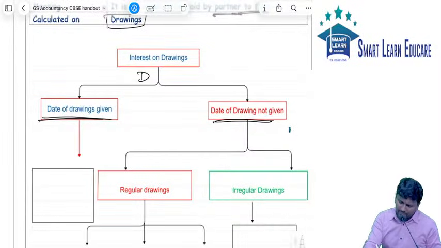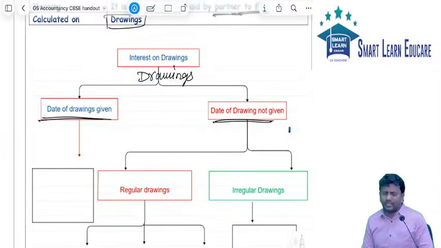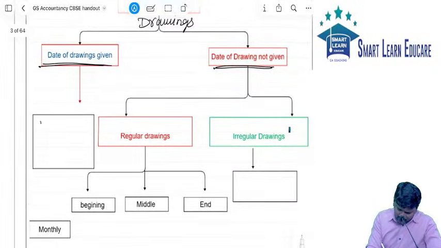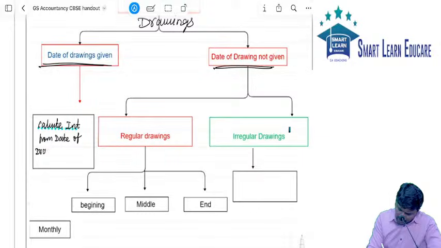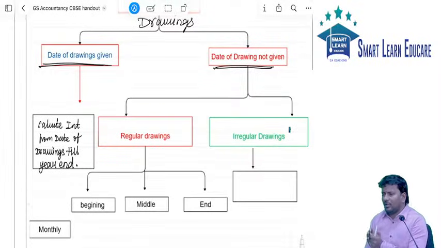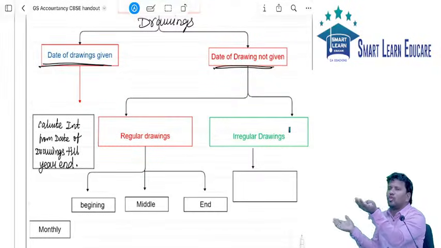If the date of drawings is given, calculate interest from the date of drawing till year end. If you are given the information on which date the amount was withdrawn, from that date till year end you should calculate.